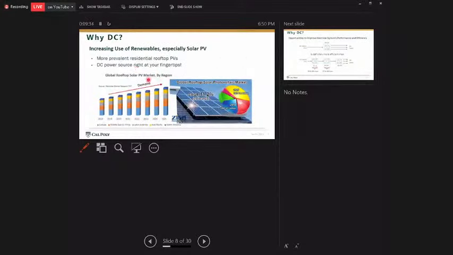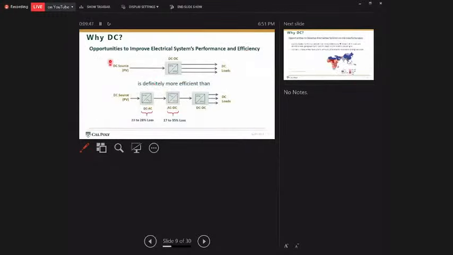And moving on, solar panels are another DC source that has become very popular in the past 10 years or so. And as we know, solar panels put out DC. So if we have a source that's DC, and loads that are also DC, then the most logical way is to convert from DC to DC.